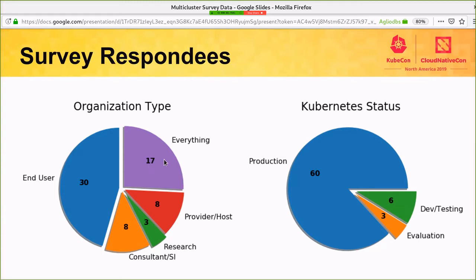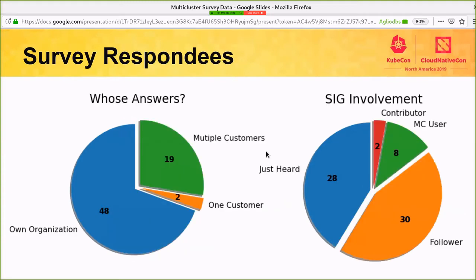And we've got a fairly decent distribution there, particularly we have almost half of our respondees are end users, which is nice to have, looking at this from the perspective of utility. Most people are using Kubernetes in production. Again, what we would like to see out of who we want to reach.